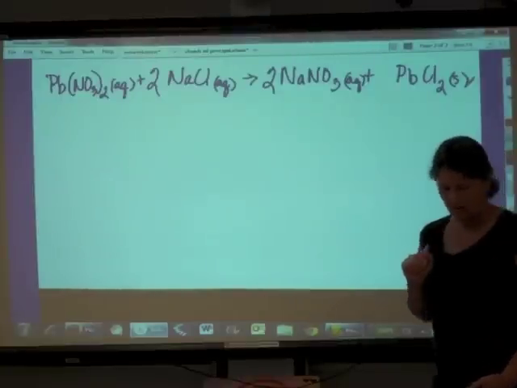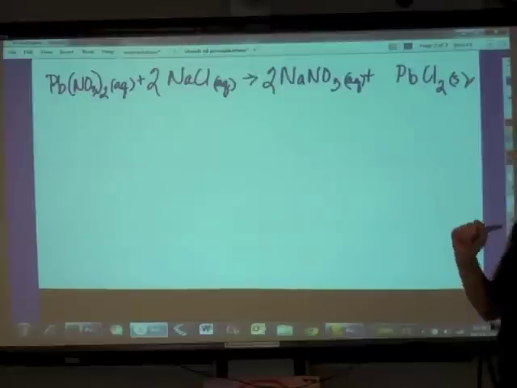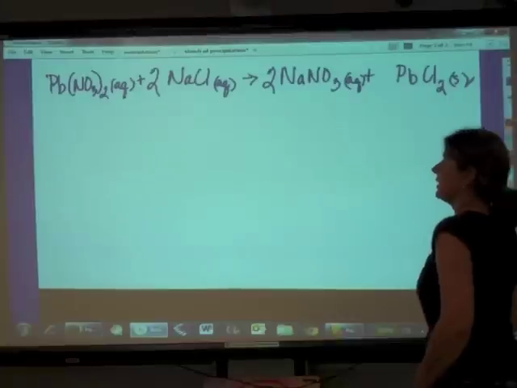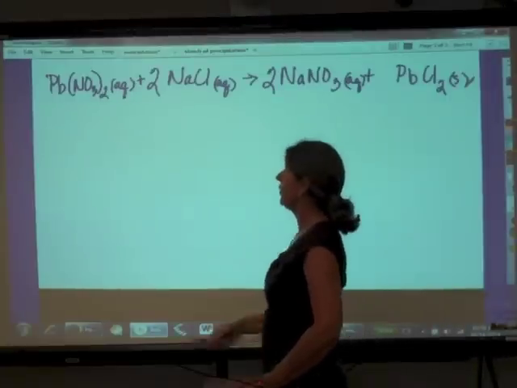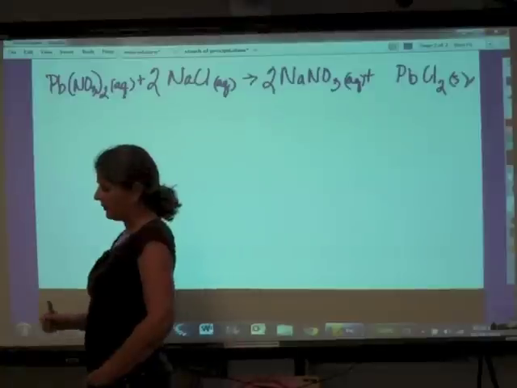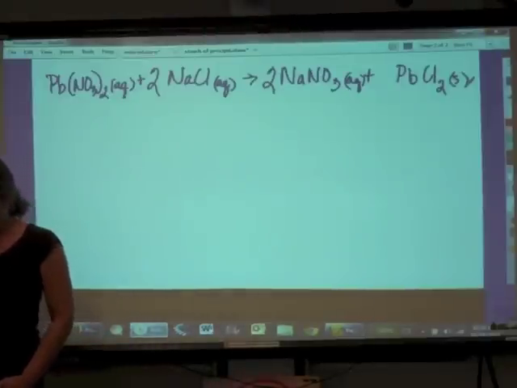We've got our balanced equation, and because we're doing stoichiometry, that's as far as we need to go. Because what we're looking for here is a mole ratio, actually between these two things. All right, so if we go to the problem, we've got 0.1 molar lead-2 nitrate.